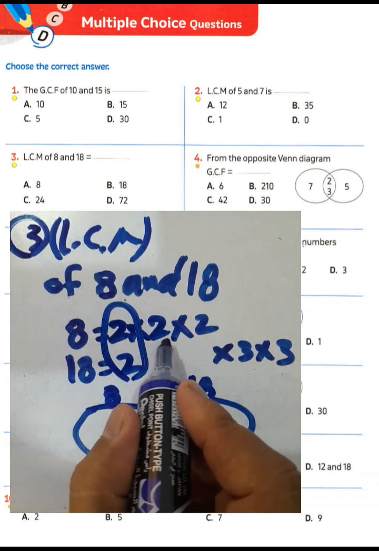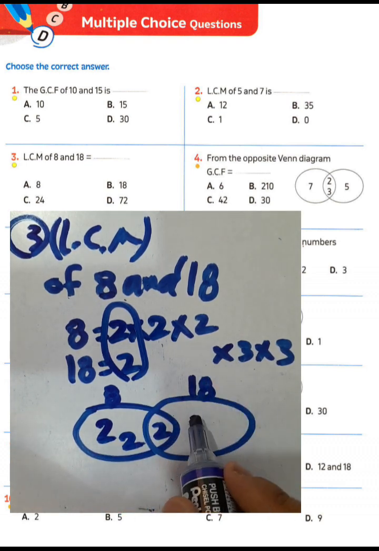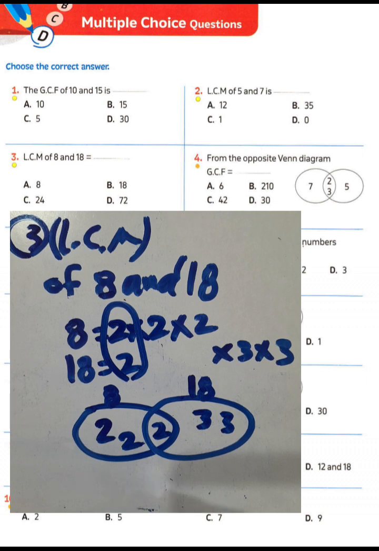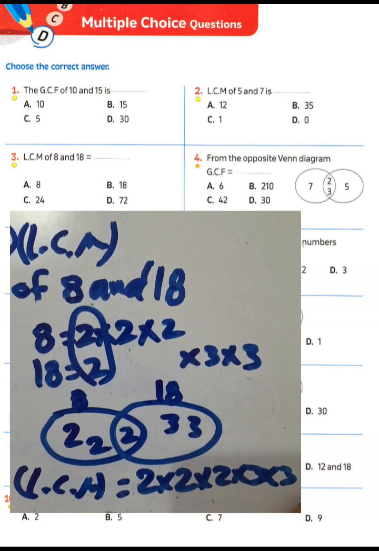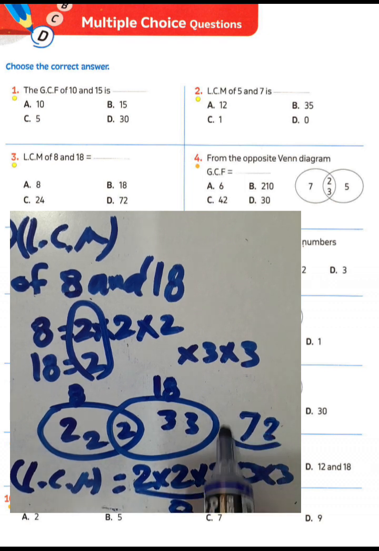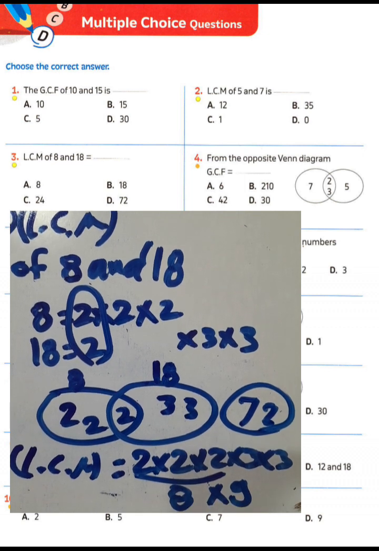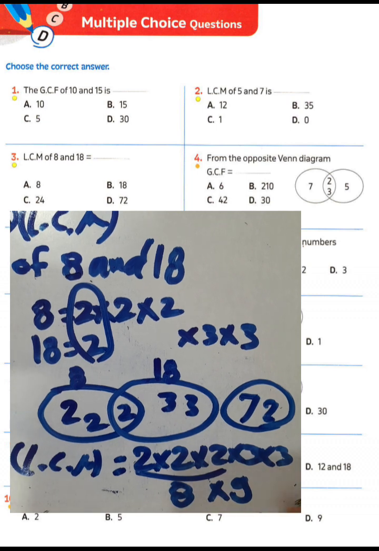Write 2 here, and the result 2 and 2. And here the result 3 and 3. Then the least common multiplication will be equal to 2 times 2 times 2 times 3 times 3. 2 times 2 equals 4. 4 times 2 equals 8. 8 times 9 equals 72. We have two methods about question number 3.